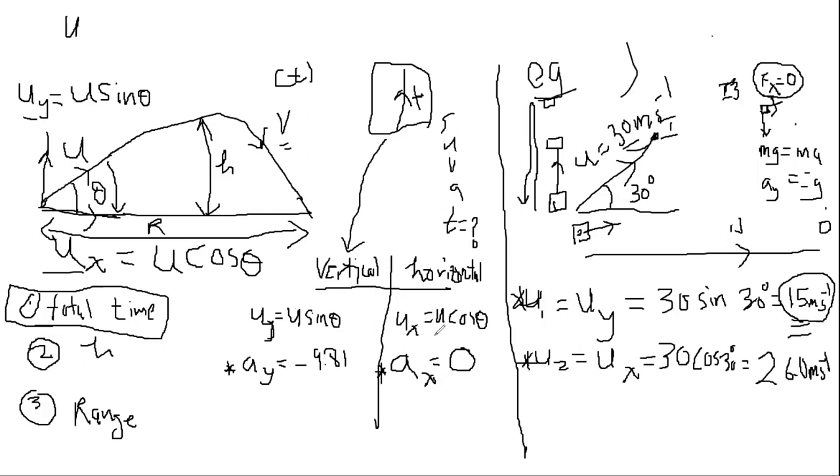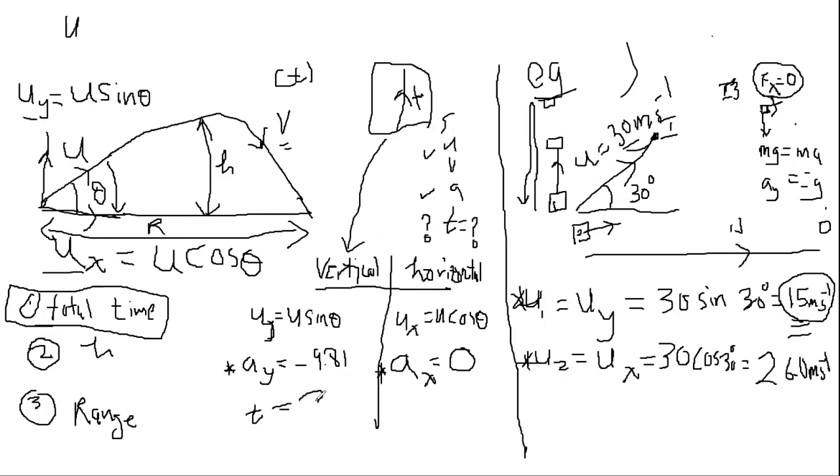You know uy, you know ay. You know ux, you know ax. For total time, you have one hidden piece of information on one side. I think you can go for vertical. You know ay, you are looking for time. Do you know v or s? Indirectly.